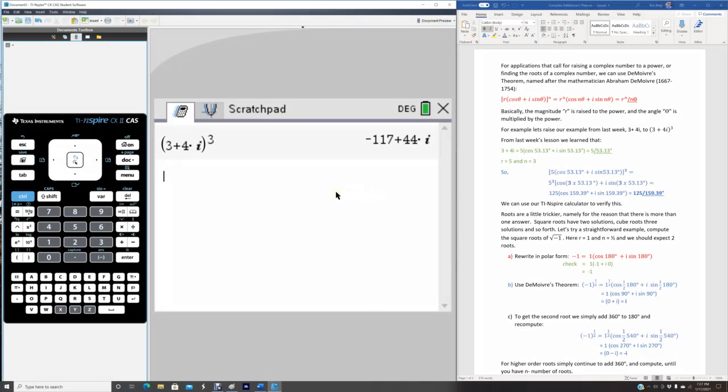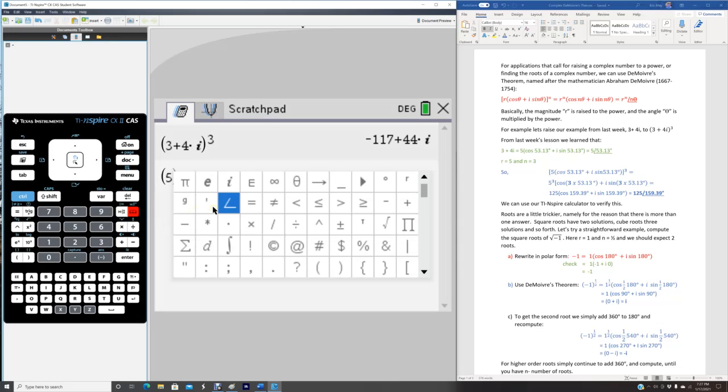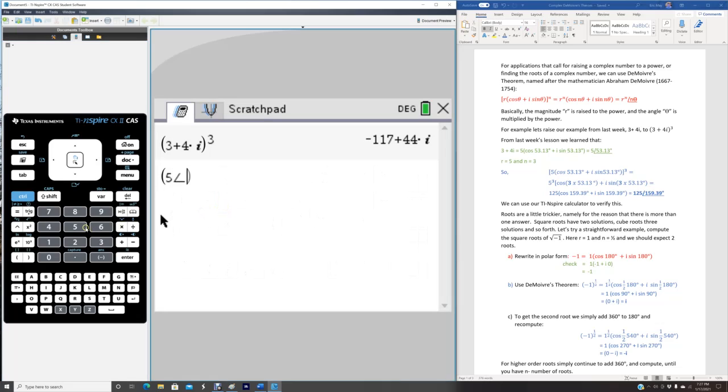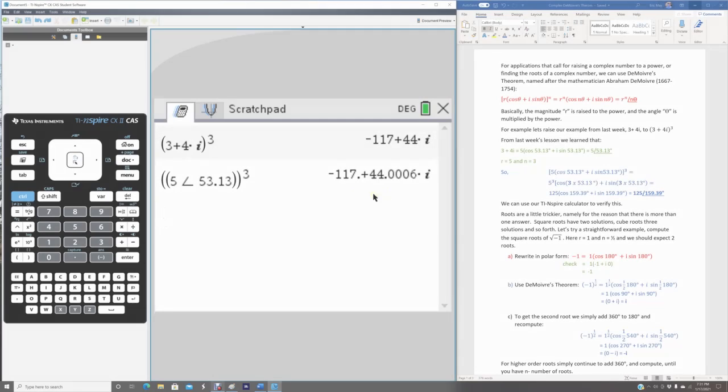Now if we try this again in polar coordinates, same thing: left parenthesis, and 5, 53.13, right parenthesis, raise to the third, enter, and it gives us the same number again in rectangular coordinates, which we can then convert to polar coordinates very easily.